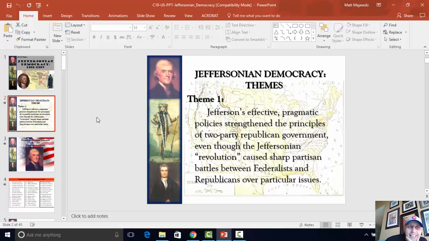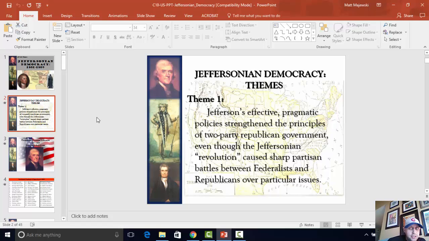Pragmatic means that even though he was a Democratic Republican, even though he had been very strongly principled, that he really believed in his interpretation of the Constitution, strict construction, and his limited government philosophy, when he becomes president, he's really going to adopt a more middle-of-the-road, a more understanding set of policies. And so he's going to govern in a lot of ways like Washington and Adams did, where he puts the interests of the country over his own personal political philosophies.